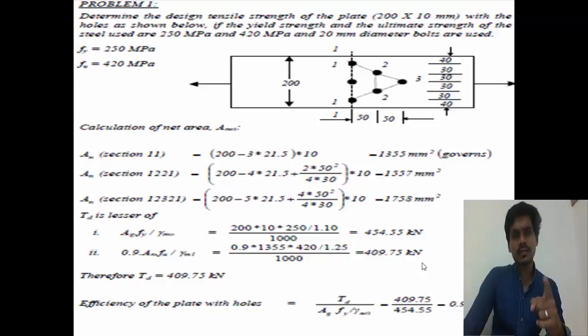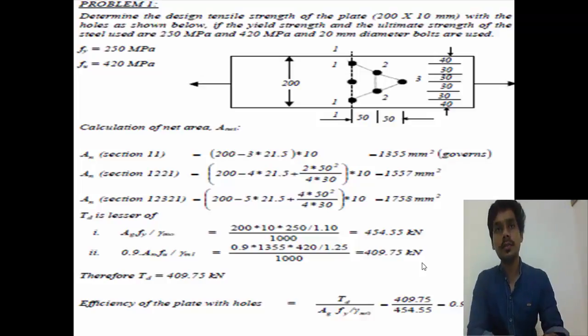The given plate is of size 200 by 10 mm with the respective holes as shown in the figure below. The yield and ultimate strengths of the steel used are 250 MPa and 420 MPa, and 20 mm diameter bolts are used. Here the given data are yield strength 250 and ultimate strength 420 MPa.